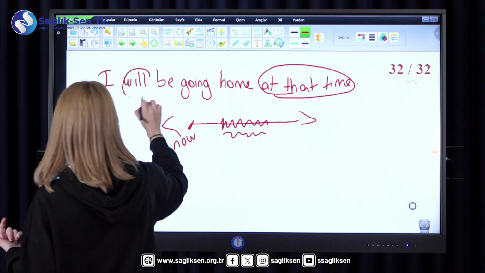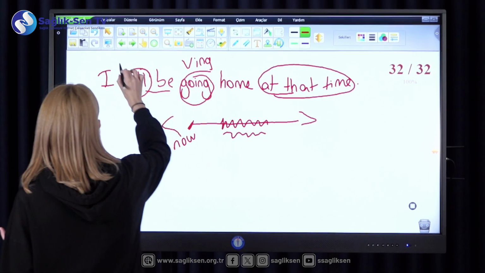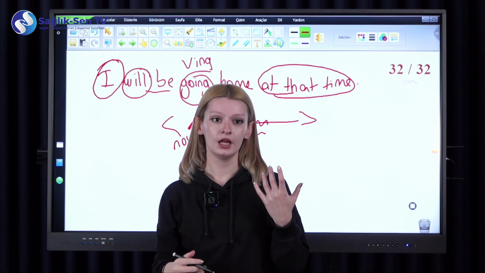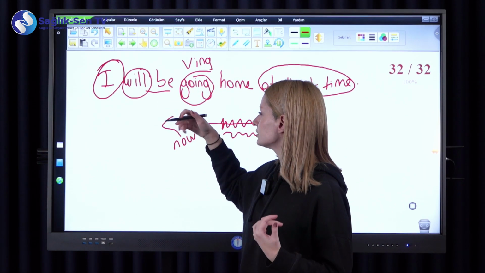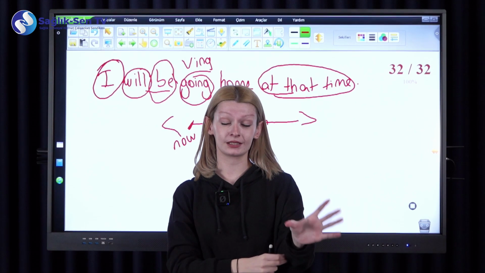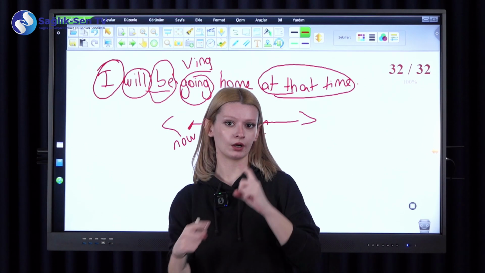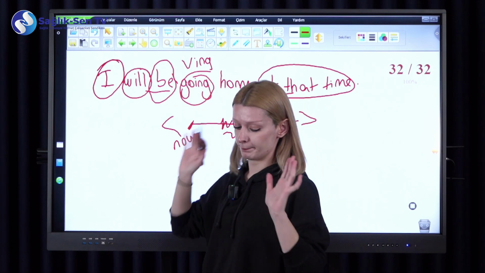I used will be and my verb ing, doesn't matter the subject. And one clue and one important thing for you to remember is that don't try to form be here. It's going to be on its own form. It will be just be.